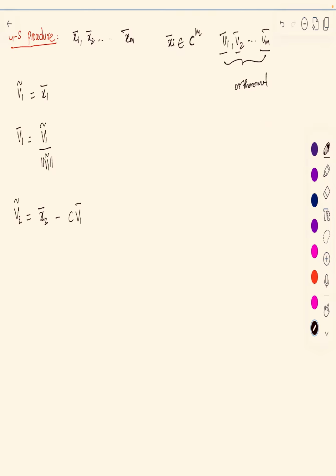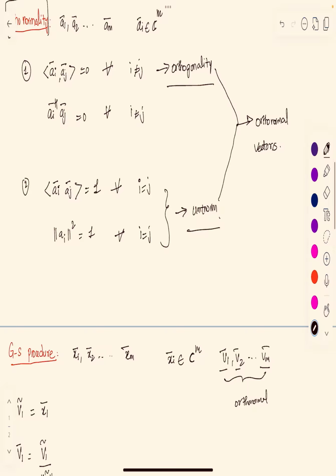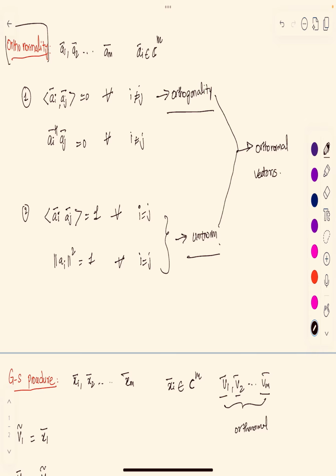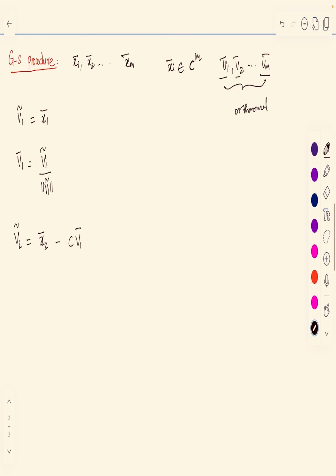So what is the first condition for orthonormality? Every vector being generated through this procedure, v1 bar, v2 bar, and so on, vm bar, should be orthogonal to each other, meaning that the dot product should go to 0. So we have this condition: the dot product of v1 bar and v2 tilde will go to 0.